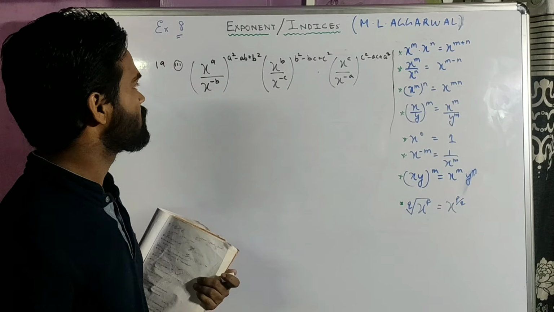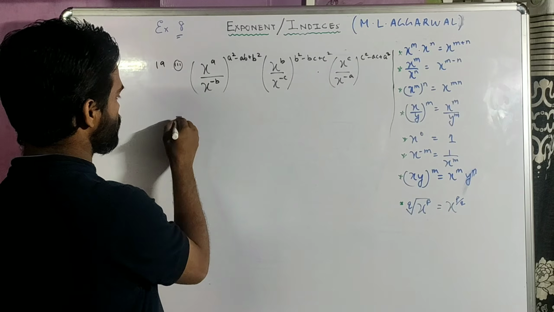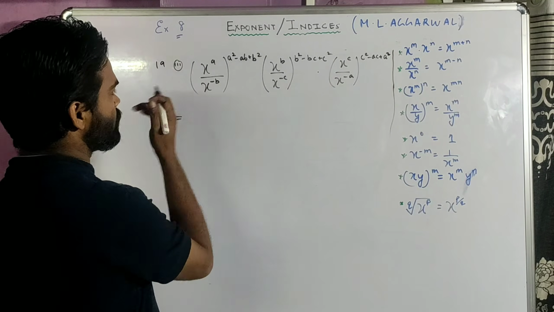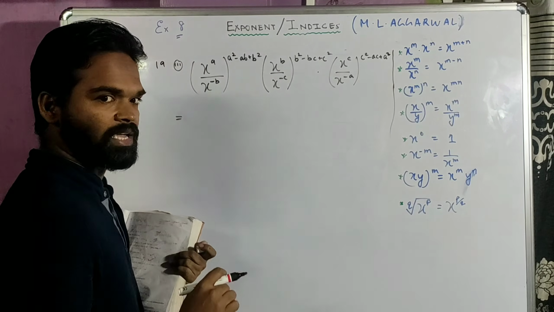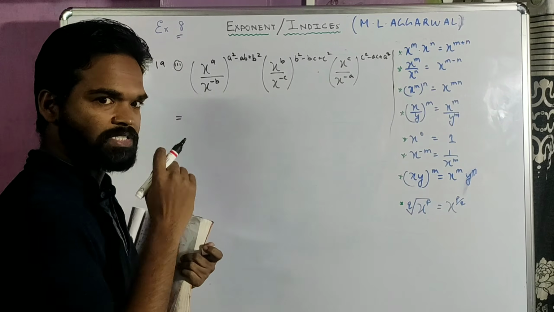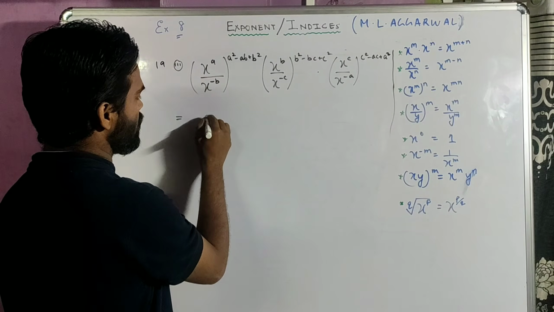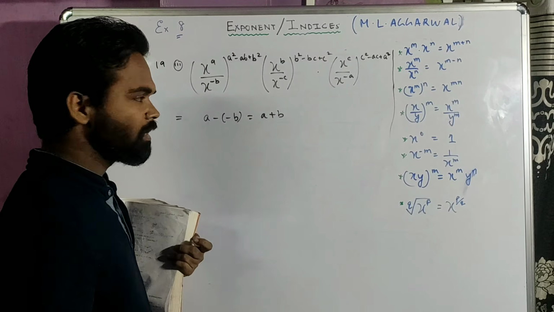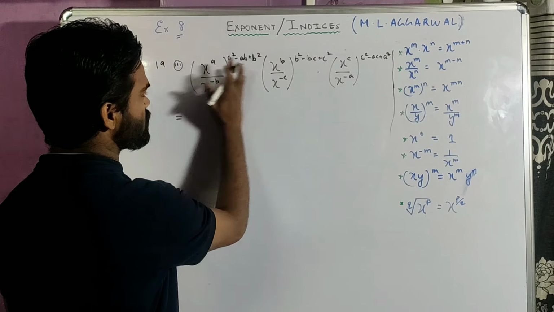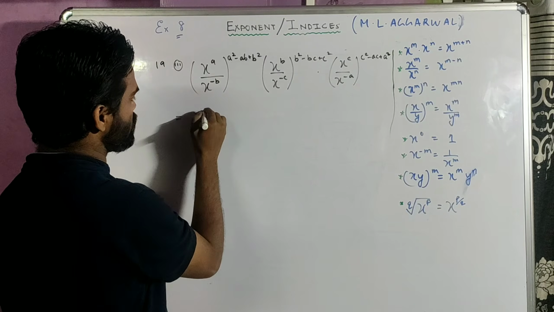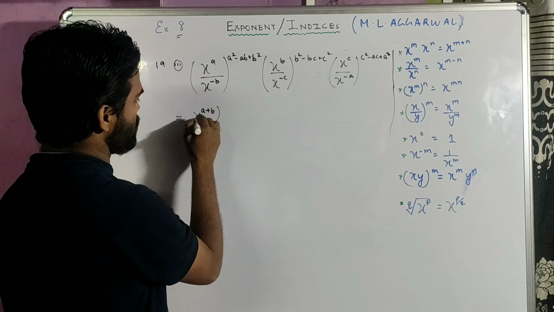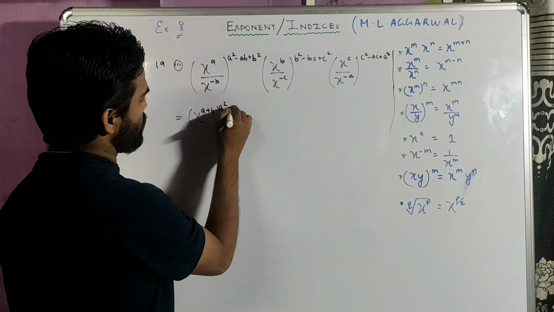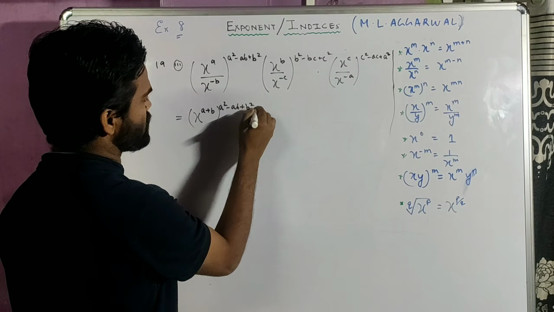Now look at 19 part 3. Simplify this. Now we know that the bases are same, in case of division the powers are subtracted. Now a minus of minus b ultimately becomes a plus b, isn't it? Which means I can write this as x to the power a plus b, and this is a square minus ab plus b square as it is.